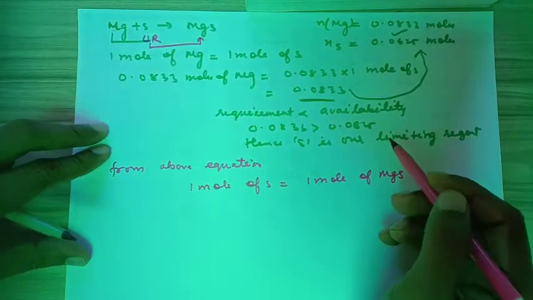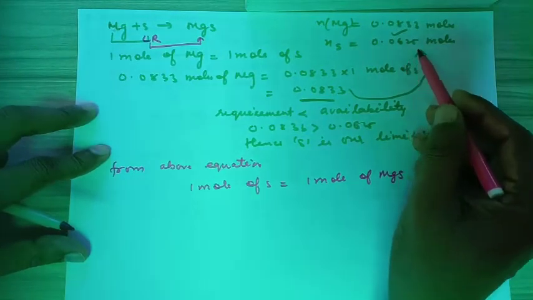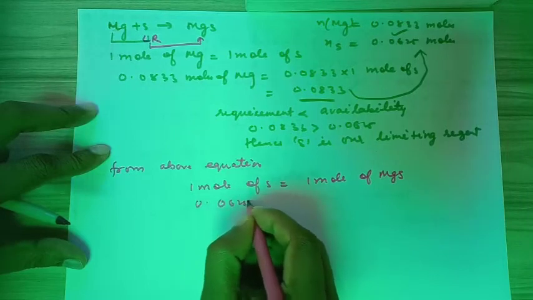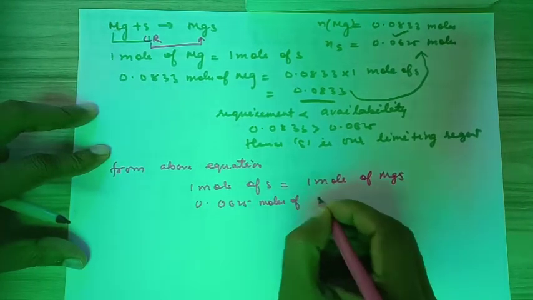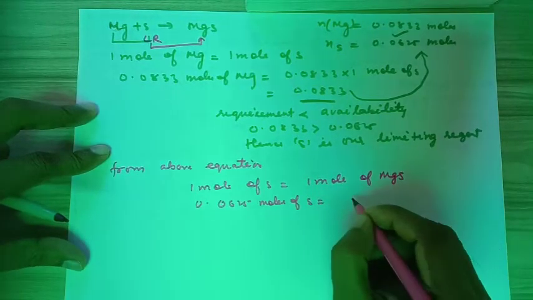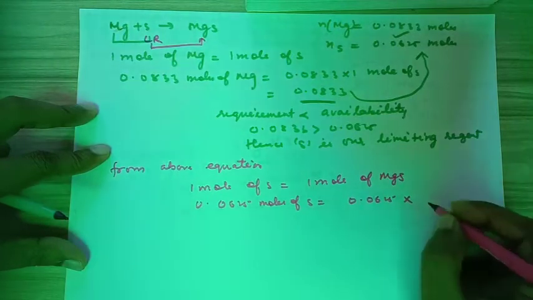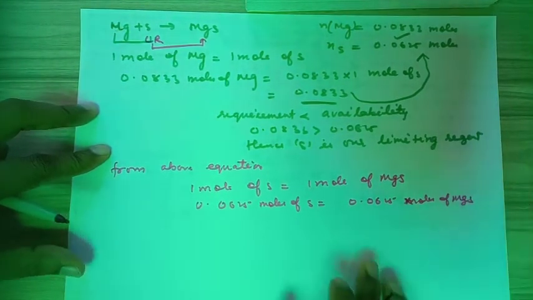So how much sulfur is available to us? That is 0.0625. So 0.0625 moles of sulfur will give us 0.0625 moles of MgS.